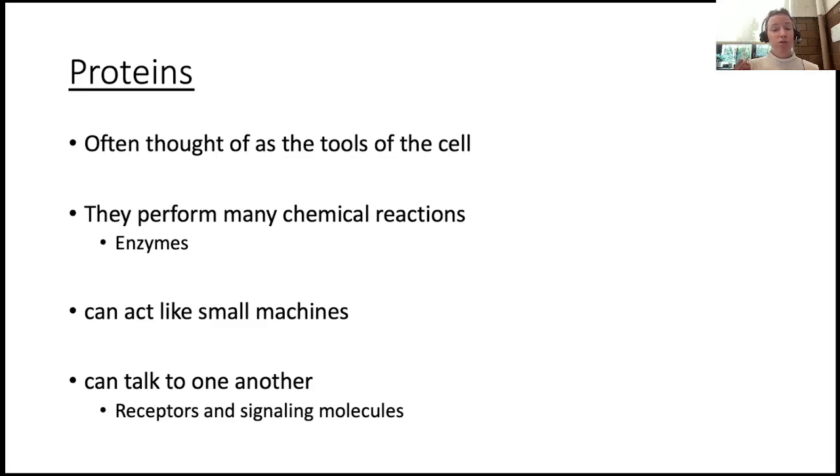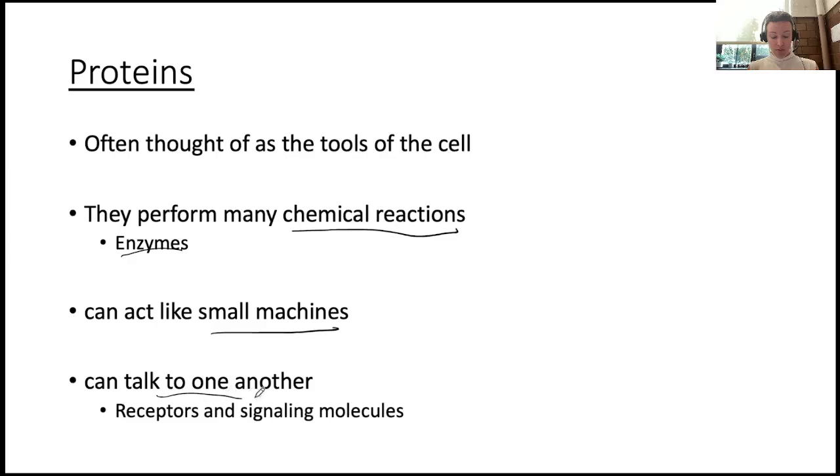Proteins perform all sorts of functions. They come in all shapes and sizes, a variety of tools for the cell. They can perform chemical reactions, they can make bonds and break bonds, like we've learned about. We call these enzymes. But those proteins can act like small machines, and they can do physical work, like they can move in a circle, or they can have like a walking motion where they move from one place to the other in a cell.